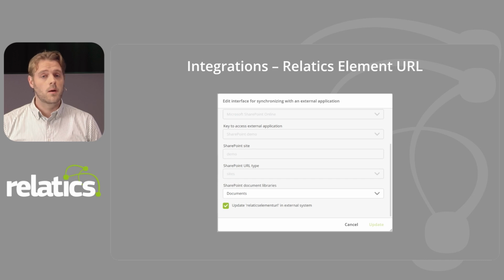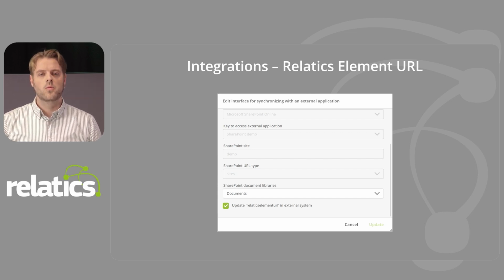Next up, we have an update on standard integrations. So let's say, for example, you have an integration in your workspace with SharePoint, so with an external system, and you are showing documents from SharePoint into Relatics. You now have the ability to enable the checkbox to update a Relatics element URL to the external system.